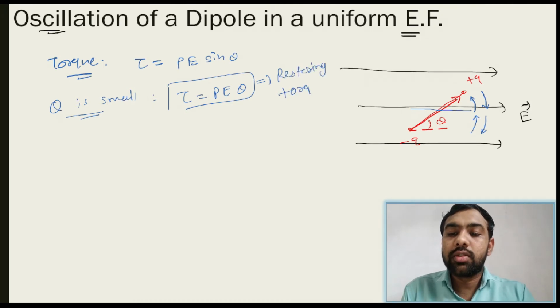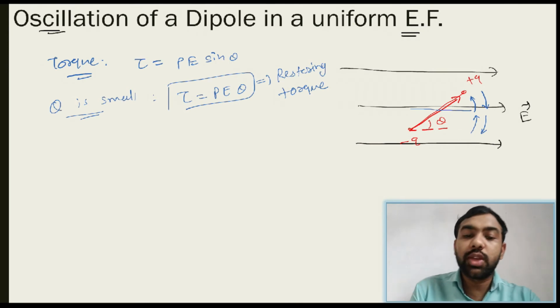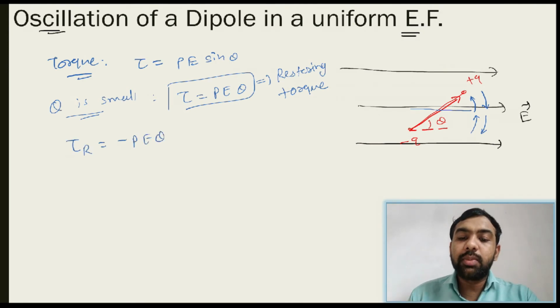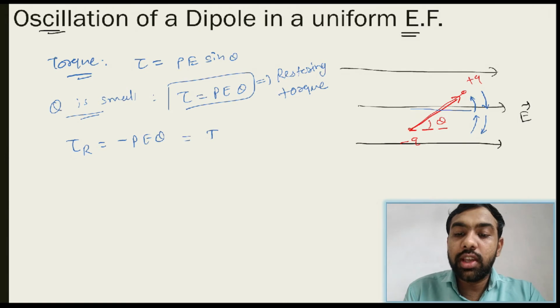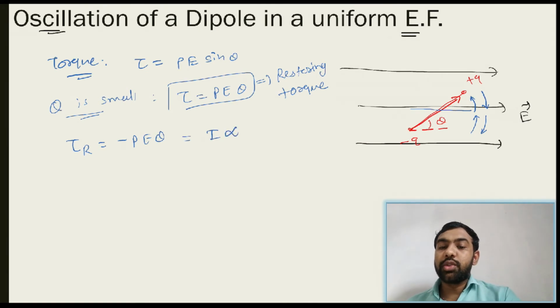What is this restoring torque? So the restoring torque is equal to minus pE theta. The minus sign indicates the restoring, and torque is generally given as I alpha. You just remember this equation and go through the rotational body concept. Then you get this.